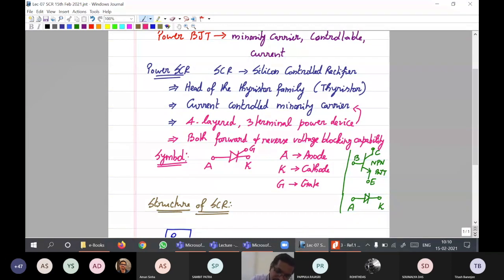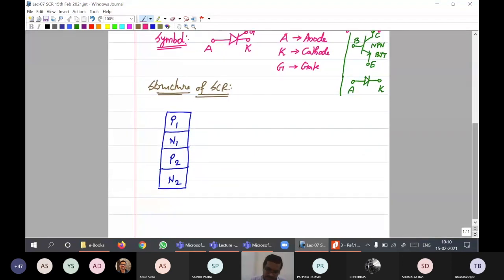I will erase this now, and then I will include here itself. No need to erase. 4-layered 3-terminal, 3-junction power device. Make it clearer as you learn more. That's all.